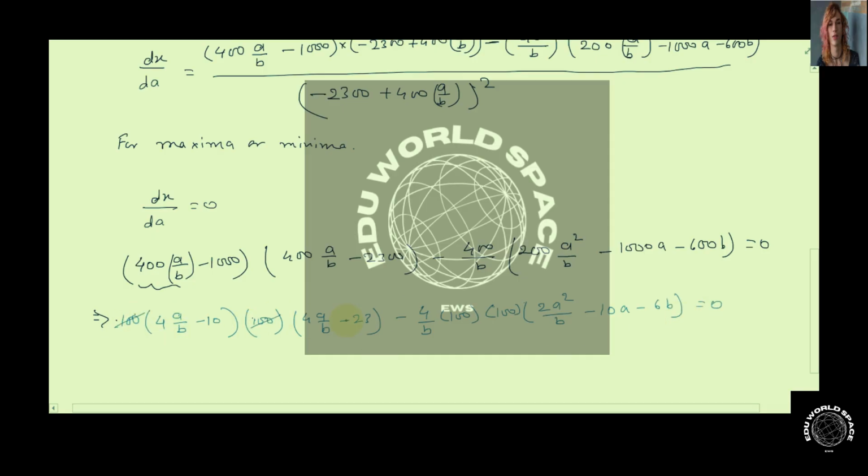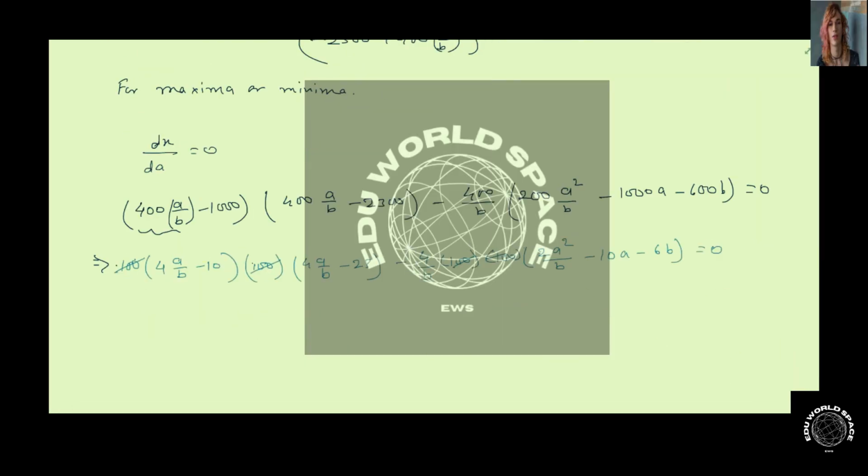So we can send these terms to the right hand side, so it will be 0, so it is going to reduce our calculation. Now we have to multiply this term by this term.